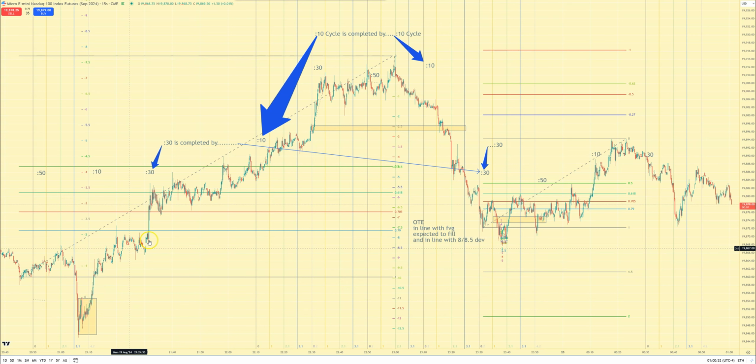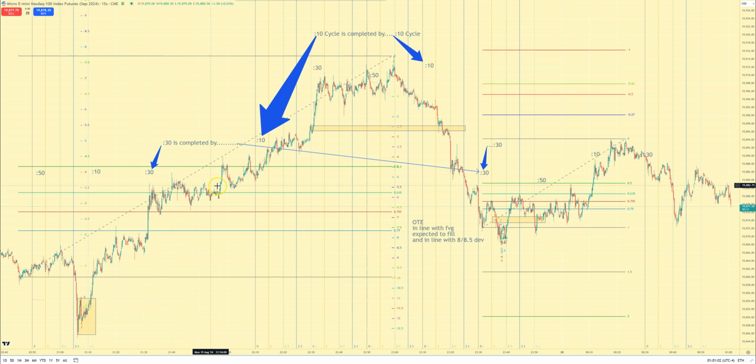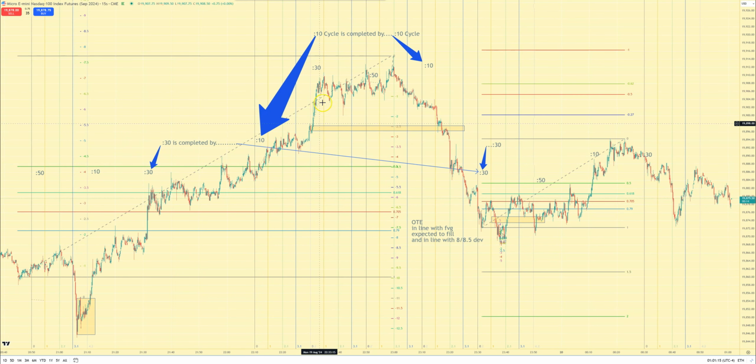The 10 started to pull out of the area. So we have a 50 create a stop run, 10 pulls out of the area, and then 30 pulls out. 50 starts to pull out as well. 50 makes some pulling out. Then 10 has it rise and get out.